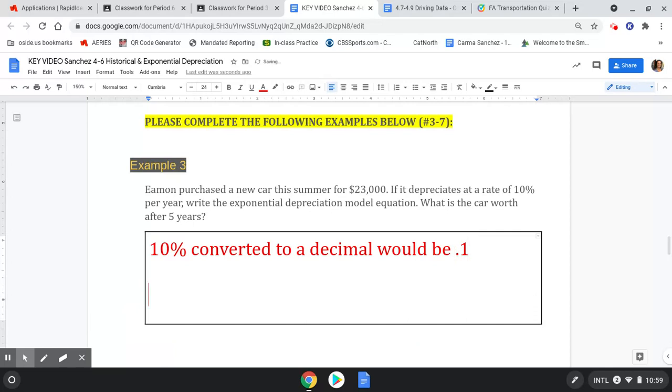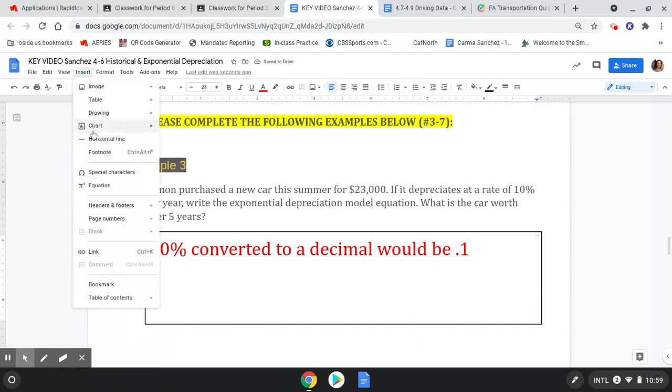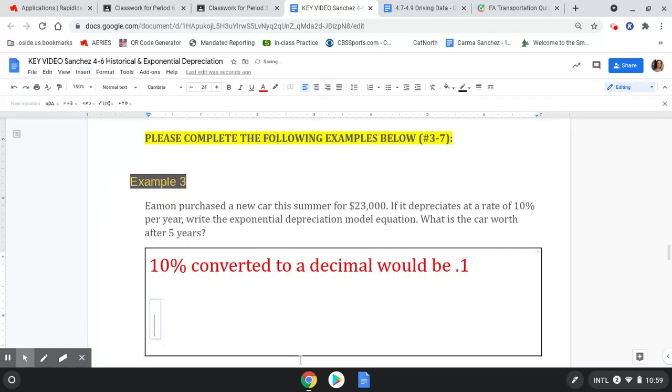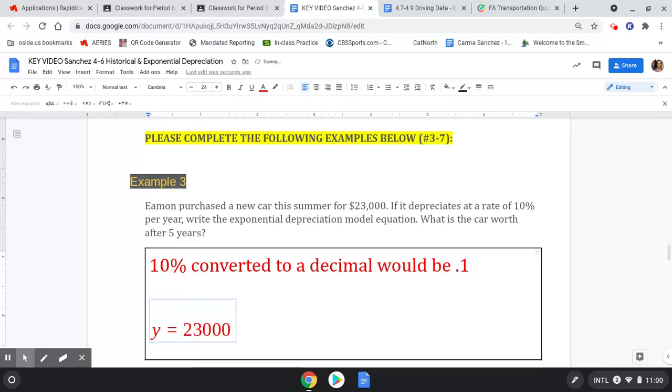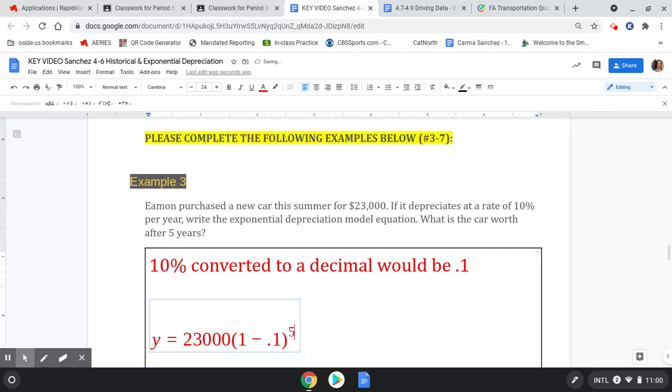I'm going to show you, go up here to insert equation, and it brings up this, and we're going to say y equals the A value, 23,000, times 1 minus the rate, converted rate is 0.1, to the power of 5 years.